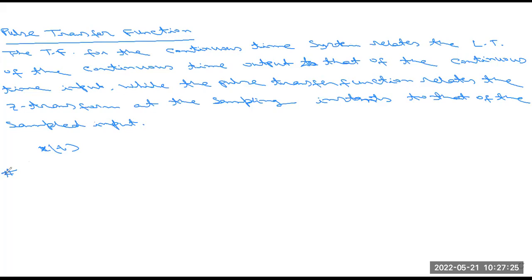Before going into the details of the pulse transfer function, we have to know another related term: convolution summation. Summation means the addition of two or more inputs into one. This convolution summation is basically the response of a continuous time system driven by an impulse sampled signal, which we discussed in previous classes.